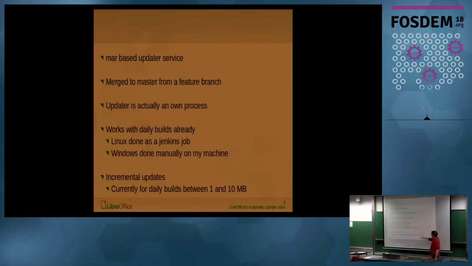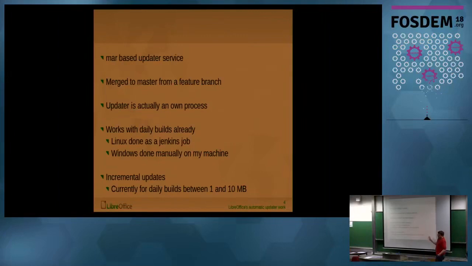For Linux, there's one build a day. About midnight German time, the Jenkins job starts, tries to build a new build, and does an incremental update for the last 3 days. If we look at the incremental updates, we see that they are quite small.